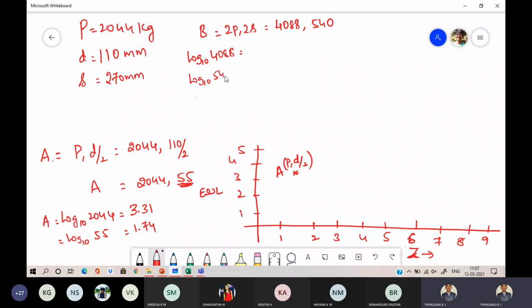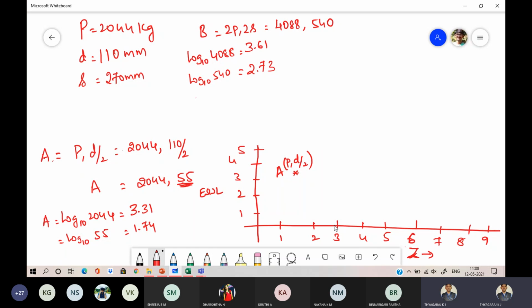Log 10 of 540 is 2.73. This one is 3.61. Correct?